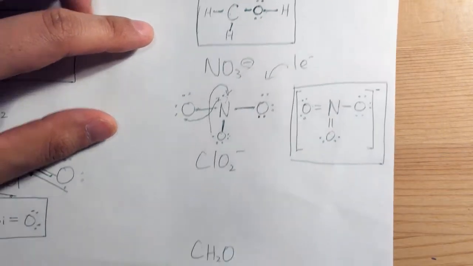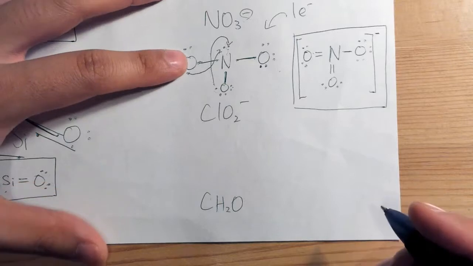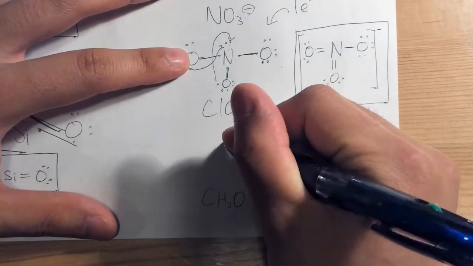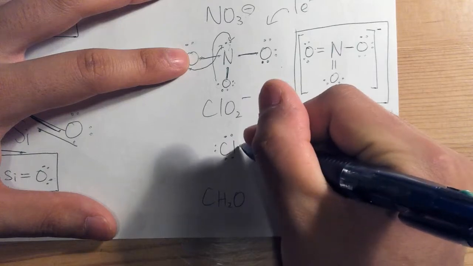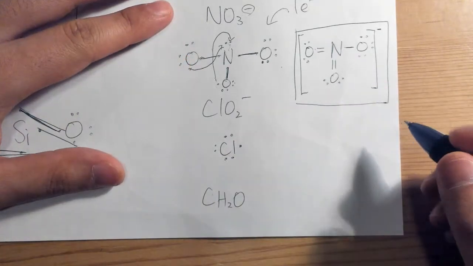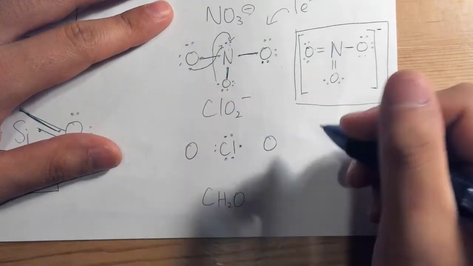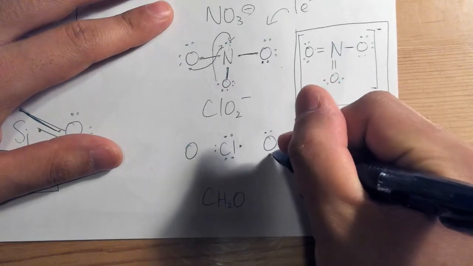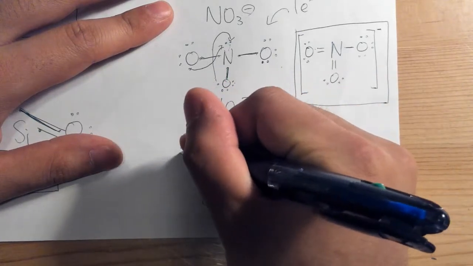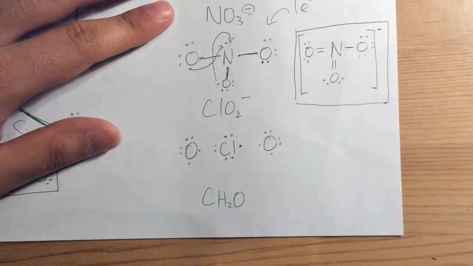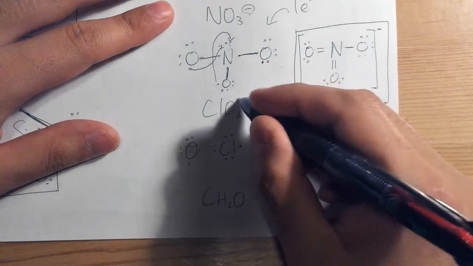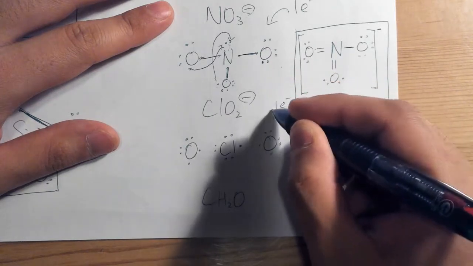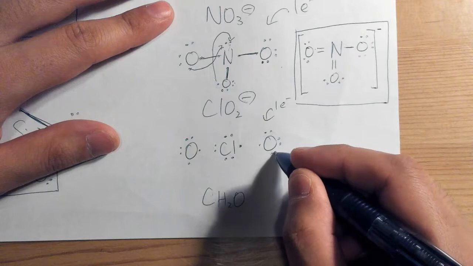Alright, we have 2 more to go. So ClO2 minus. I'm going to put Cl first because that is the central atom. Alright, so we have that, and then I'm going to put an O on both sides. So O has 6 valence electrons in each. And remember, for this problem, what we have to first do is put 1 electron in first. So I'm going to put it randomly here.